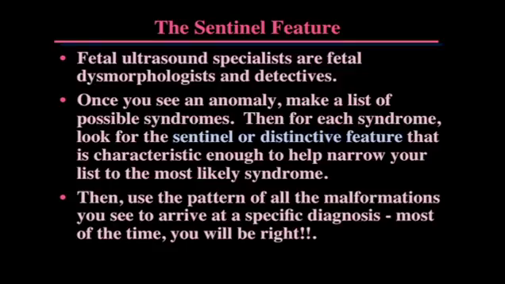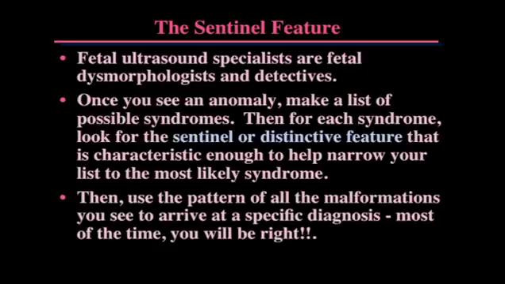So to conclude here, I've shown you the approach to diagnosing syndromes using the sentinel feature. And we are all fetal ultrasound specialists and therefore dysmorphologists and detectives. So we must look for dysmorphology like a detective.